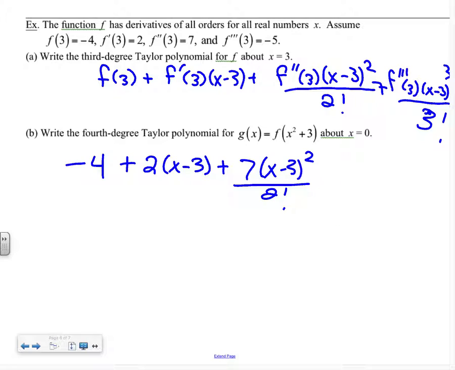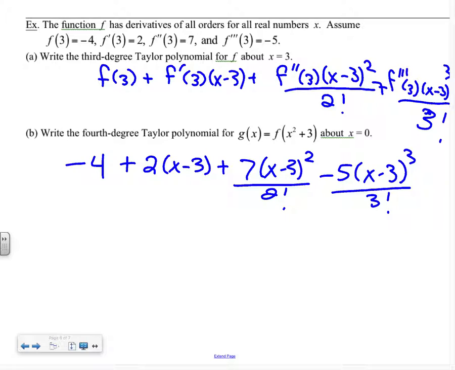So minus 5 times x minus 3 cubed over 3 factorial, right? Would they get mad at you if you wrote it plus negative 5? No, that's correct. They care that you know what you're doing. So that's the answer to A. All I have to do is plug numbers in. Now to B.